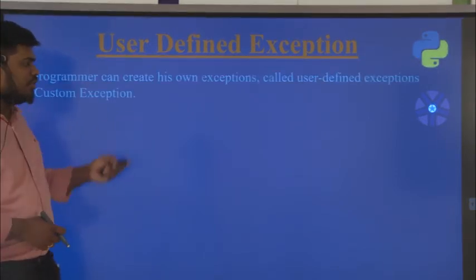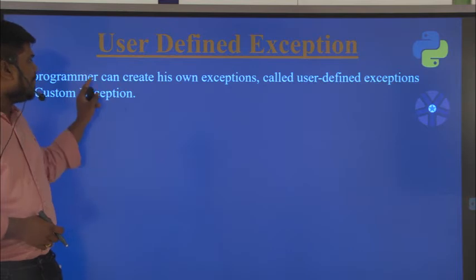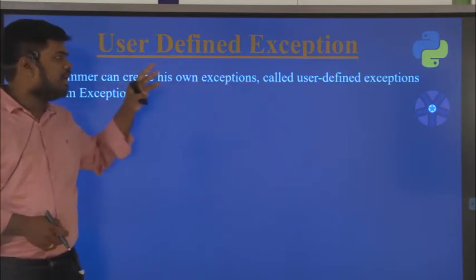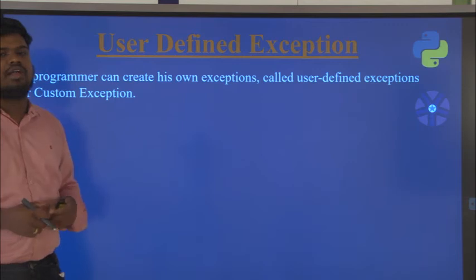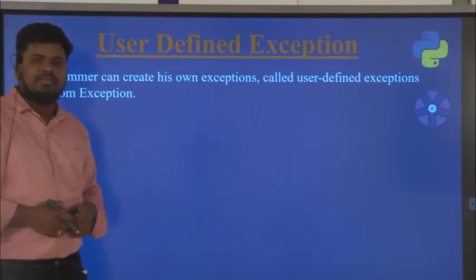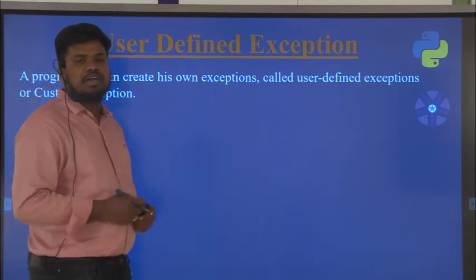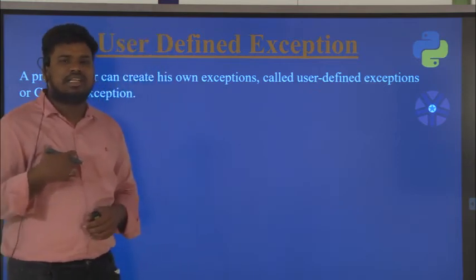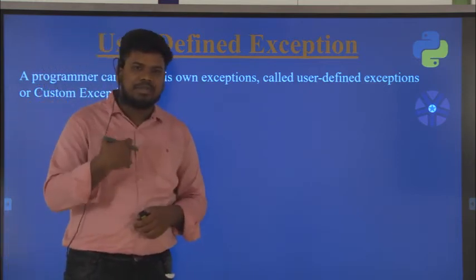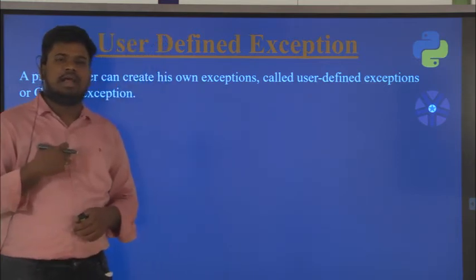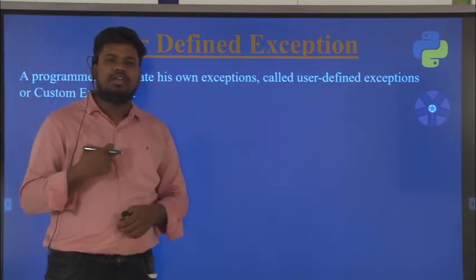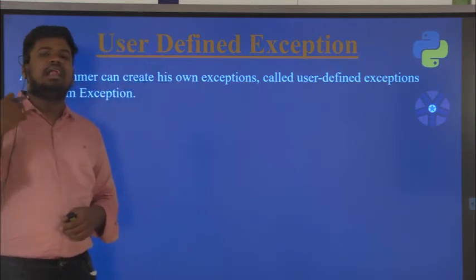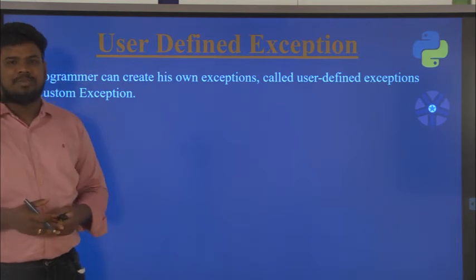So coming to the user defined exception, a programmer can create his own exception, which we call a user defined exception or a custom exception. Yes, in every object oriented programming I can have my own exceptions, which we call user defined since I am creating them, and they can be called custom exceptions as well.